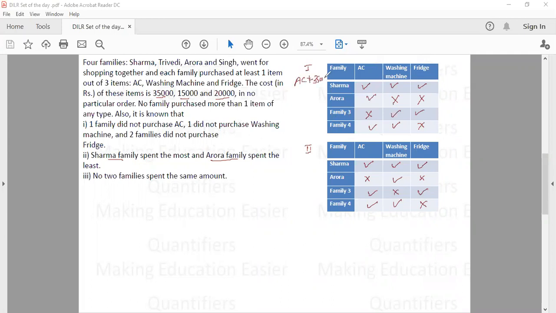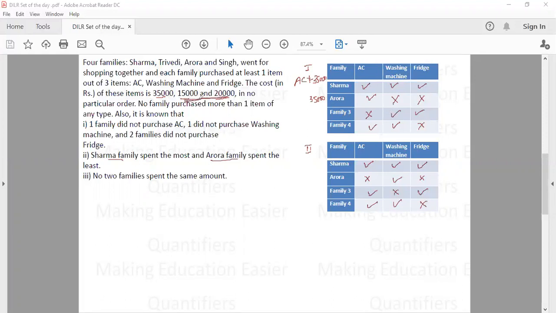Why? Because if the price of AC is 35,000, then this Arora family must have spent 35,000, right? And the remaining items have the prices 15,000 and 20,000.